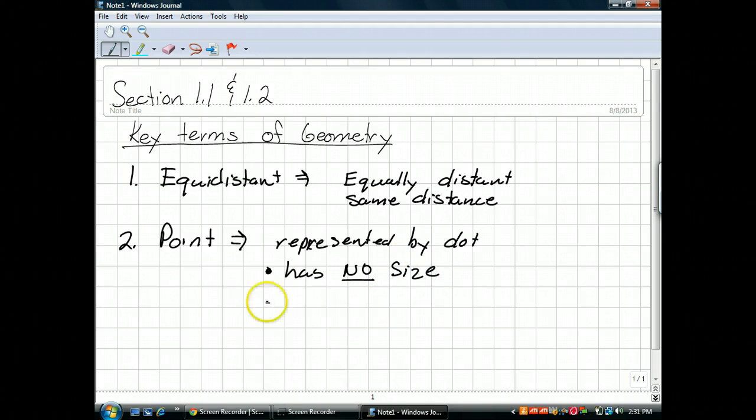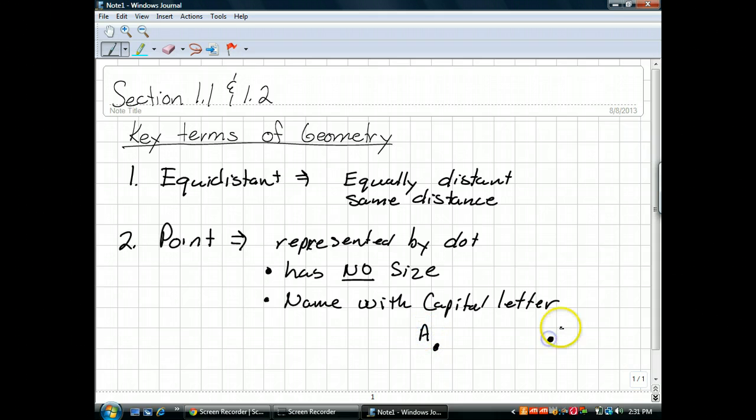And we name a point with a capital letter. So if I have this point, I might name it point A, or this point might be point D.